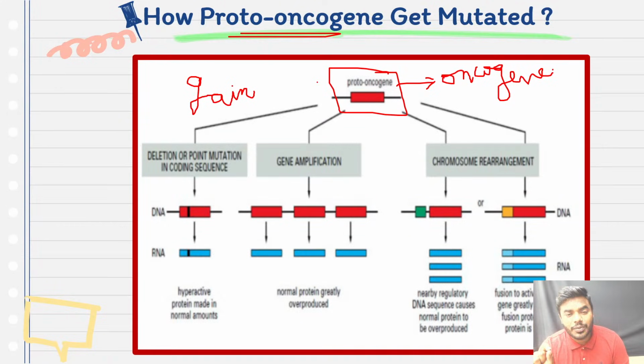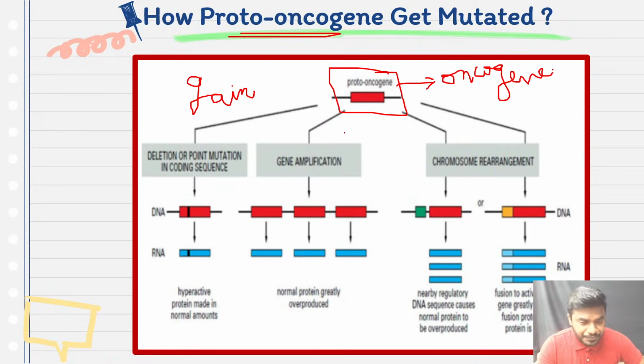A gene has a particular function, but the gene got an extra function which is not required actually. Because of that excessive function which it gained unnecessarily, the proto-oncogene actually converted into the oncogene. Kindly don't get confused with that particular point, friends.